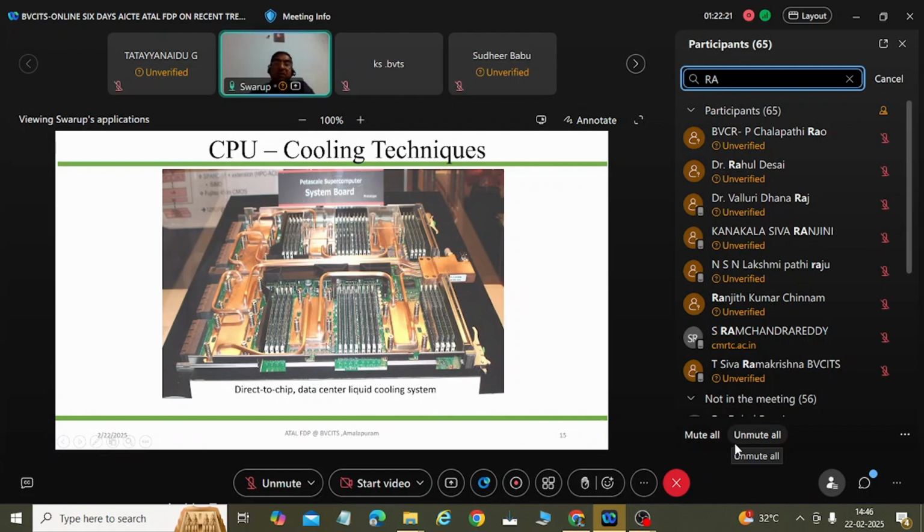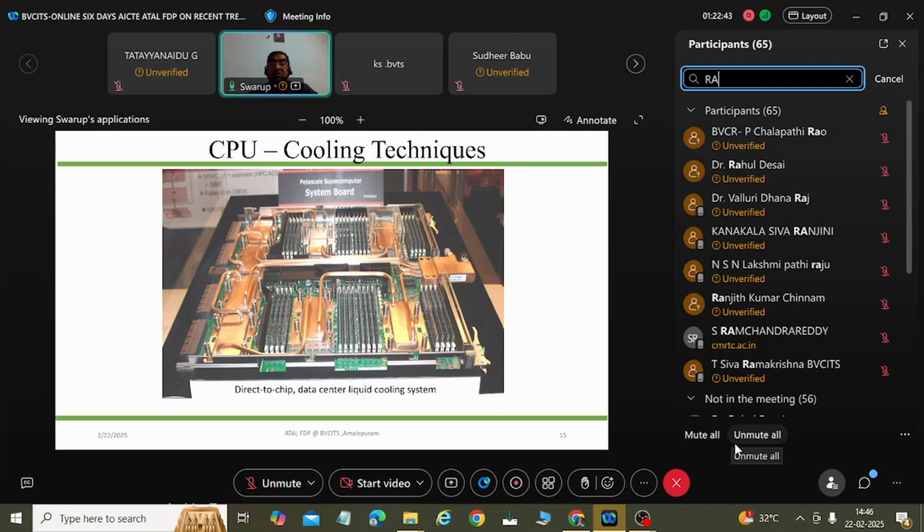You circulate the coolant, right? Similarly, I can run a coolant, or I can run water directly to remove the heat. So we are removing the heat where it is generated, so it is much more efficient.